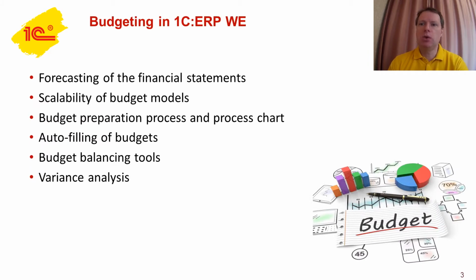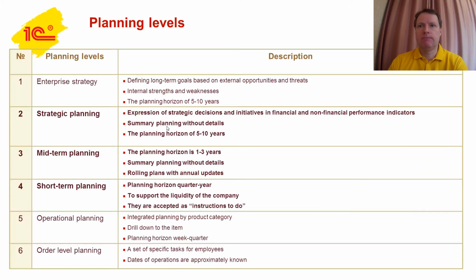Budgeting is a module in the 1C ERP application. It provides forecasting of financial statements, different budget model options, the budget preparation process after filling in budget forms, and other solutions.